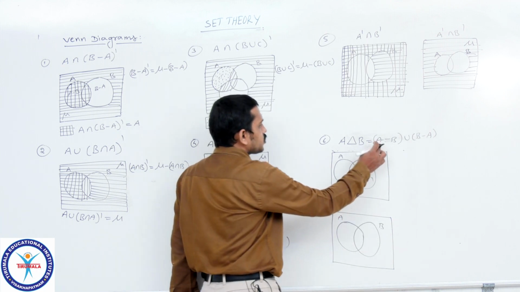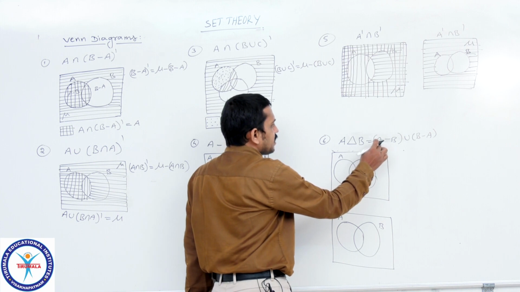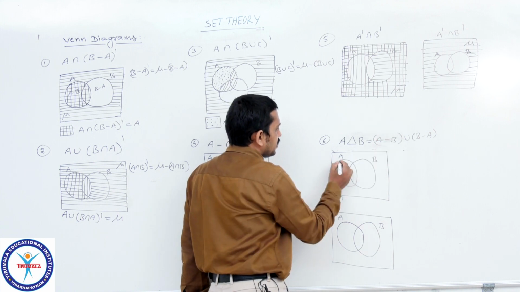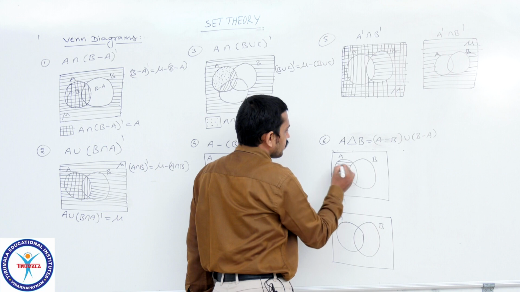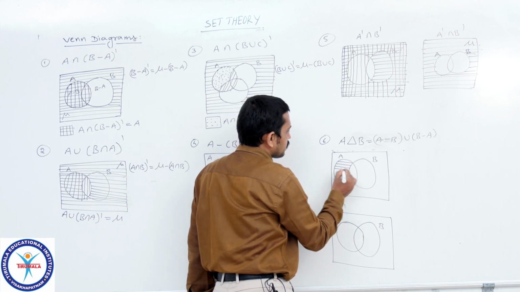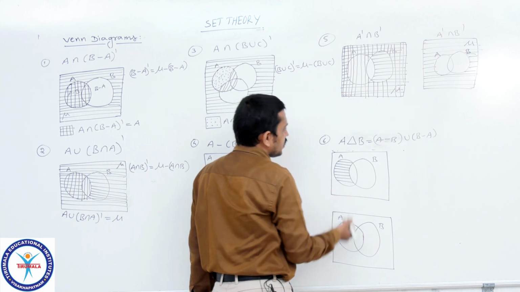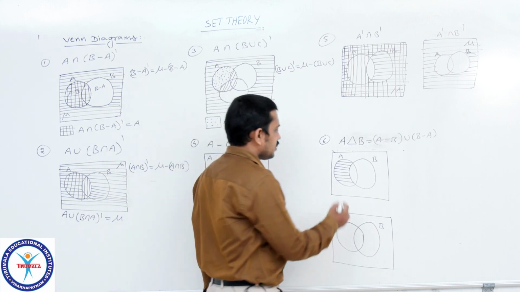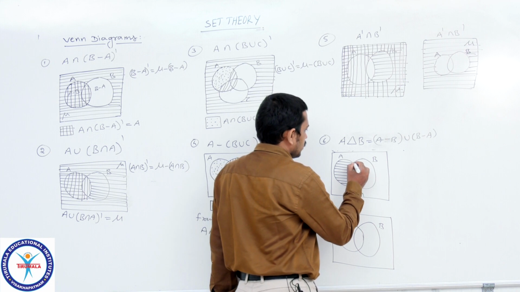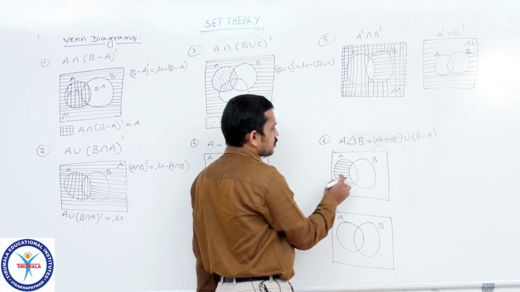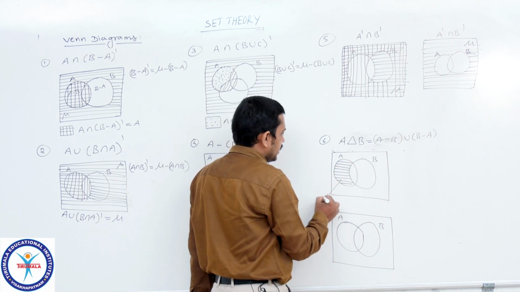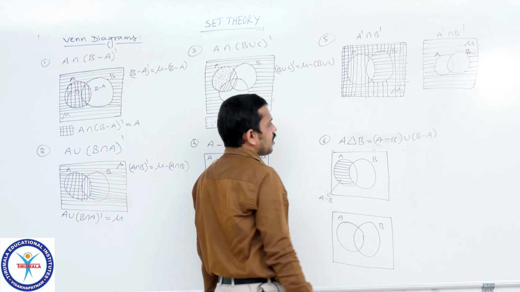What is the region belonging to A minus B? The elements only in A but not in B, means this is the region. This is A minus B. Already in earlier classes we have drawn A minus B and B minus A. So, here this is A minus B, and what is B minus A?